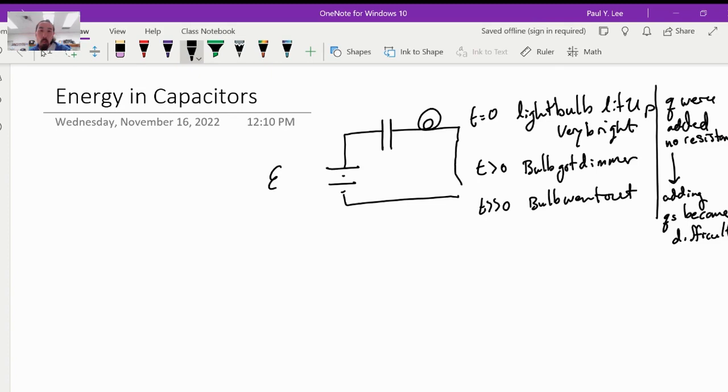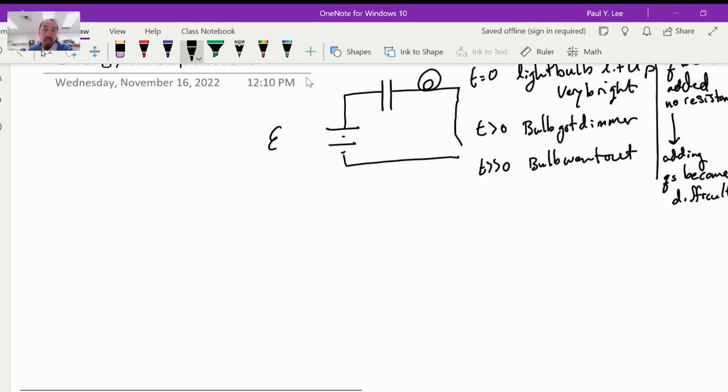The reason why adding more and more charges becomes more and more difficult is because each of these capacitor plates has a certain charge. The left-hand side, which is connected to the longer side of the EMF, will be positive, and the side that's connected to the shorter end of the EMF will be negative. We discussed that the negative charges were constantly being stored on the negative side.